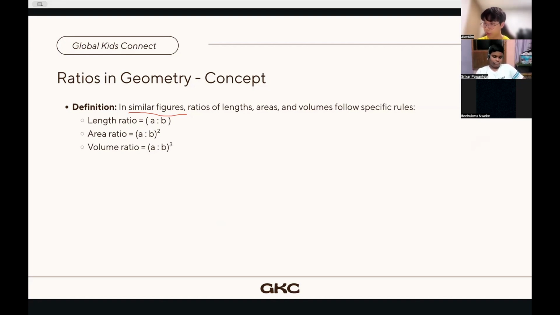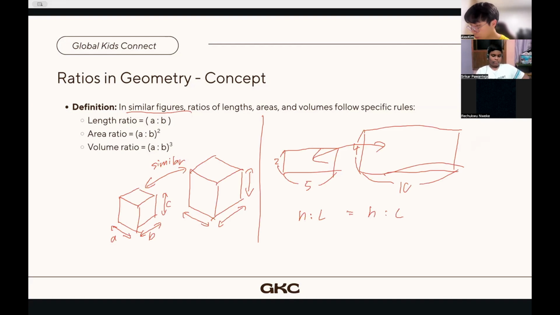If we go back to our rectangle example on the right, you can see that the ratio of the lengths in general was 1 to 2 for the smaller rectangle and the larger rectangle, which coincides with A to B. If we say that the length of the smaller one was A and the length of the larger rectangle was B, then A to B, or 5 to 10, will equal 1 to 2.